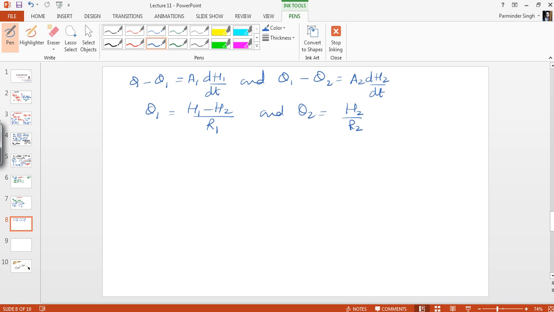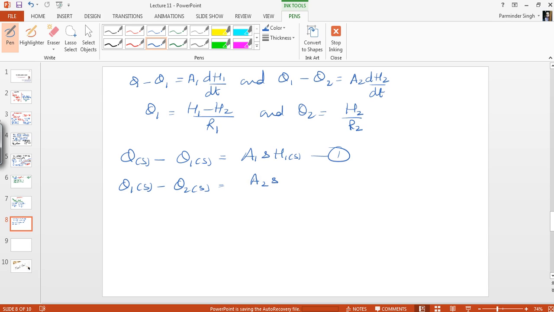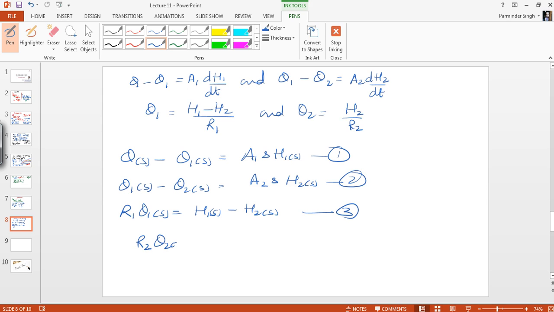Now if you take the Laplace of all these four, in the Laplace form they will be like Qs minus Q1s equal to A1s H1s, let's name it as 1. So Q1s minus Q2s equal to A2s H2s, that's number 2. R1 Q1s equal to H1s minus H2s, that's number 3. And similarly R2 Q2s equal to H2s, that is number 4.